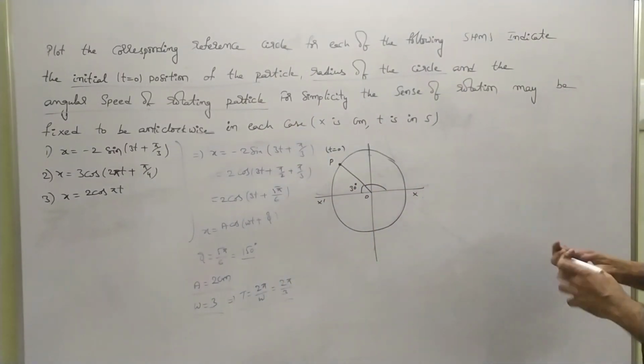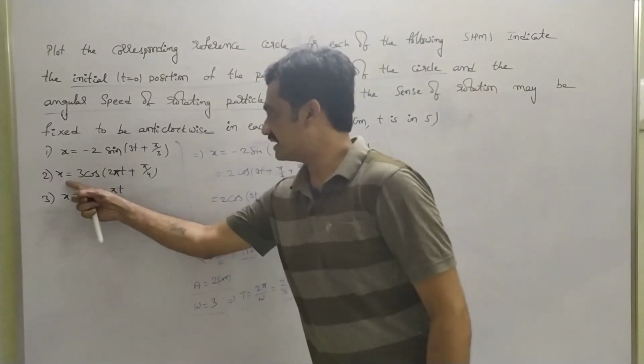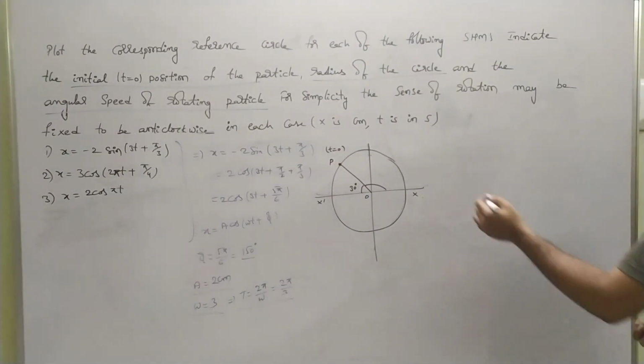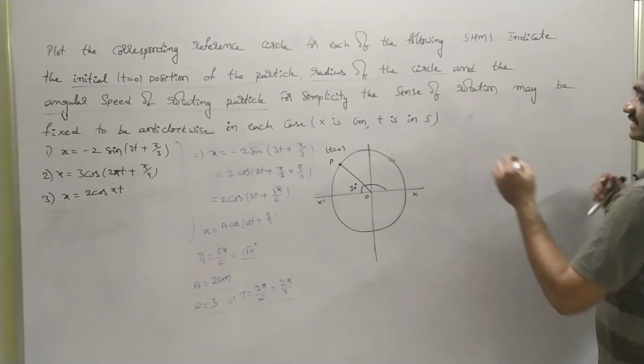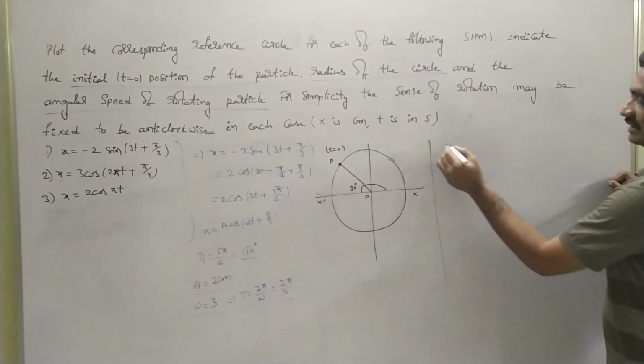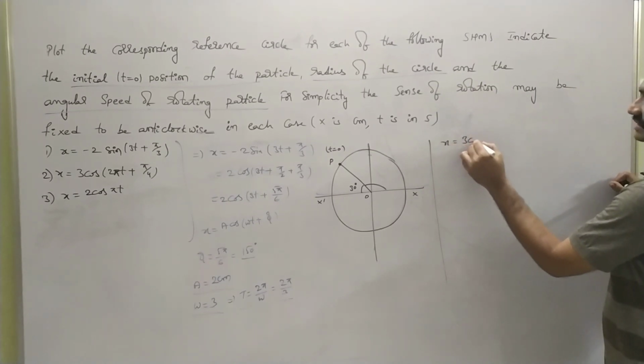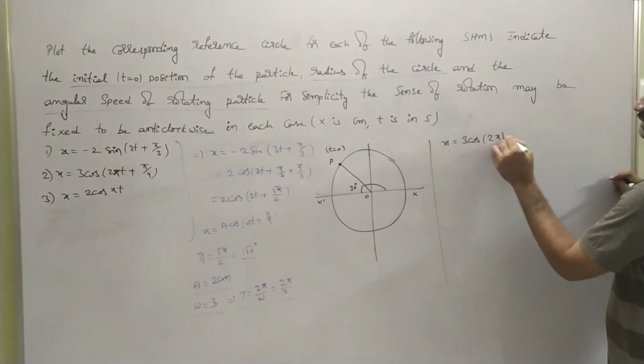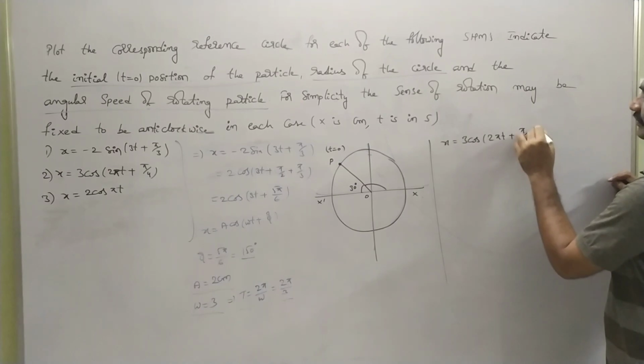Now let us consider the second equation, x equals 3 cos (2 pi t plus pi by 4).